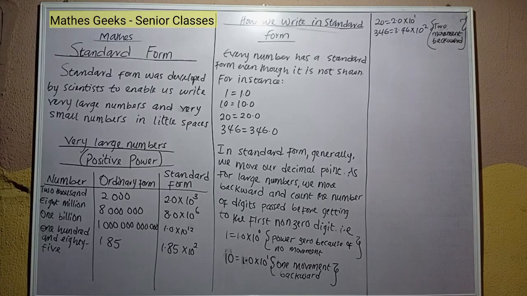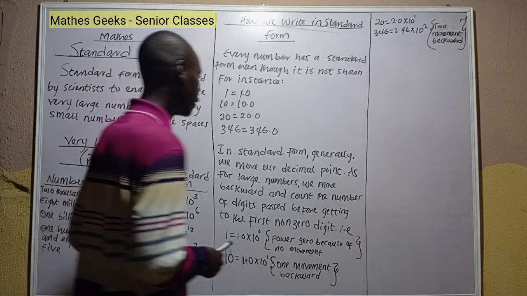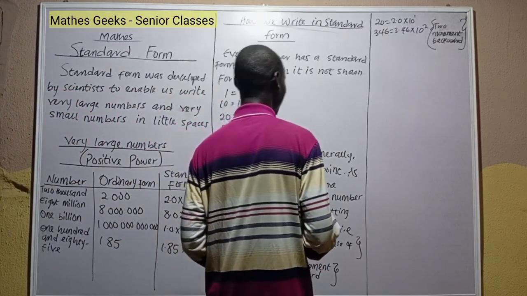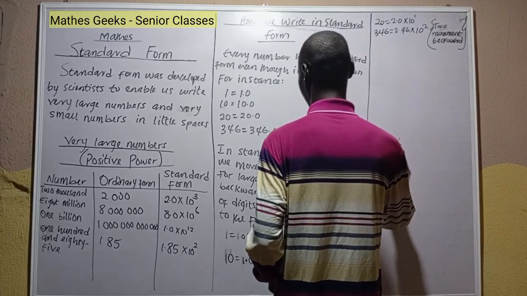We move the decimal point backward for numbers that are large, and forward for numbers that are small. But generally, writing standard form simply means to move our decimal points.